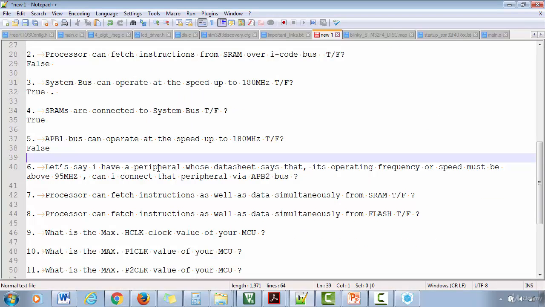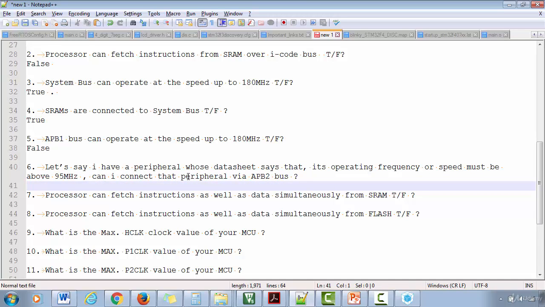Let's say I have a peripheral whose datasheet says that its operating frequency must be above 95 megahertz. Can I connect that peripheral via the APB2 bus? Here there is a peripheral which must run at 95 megahertz to behave properly.